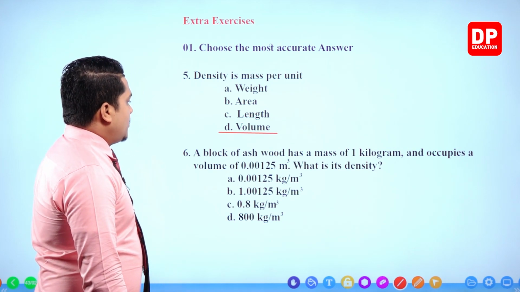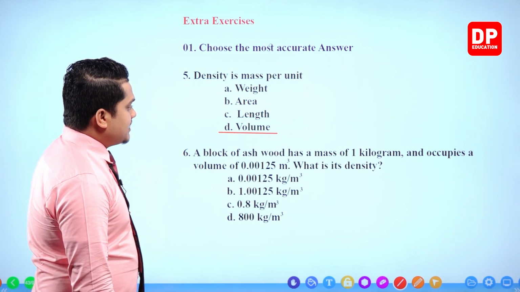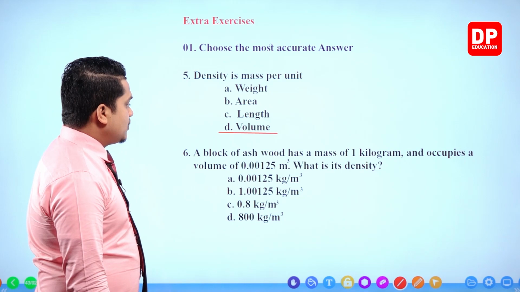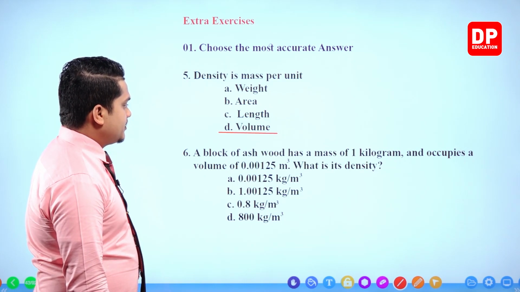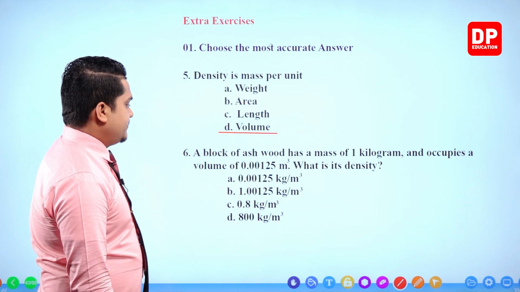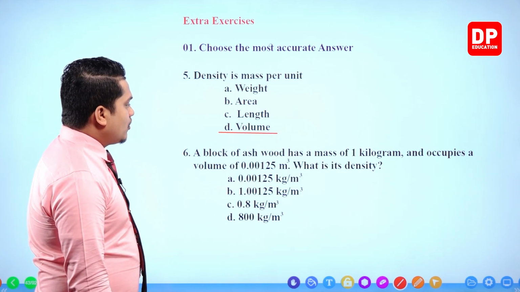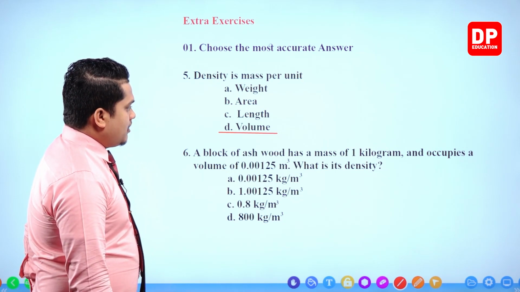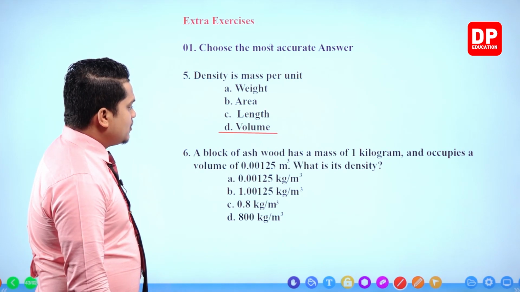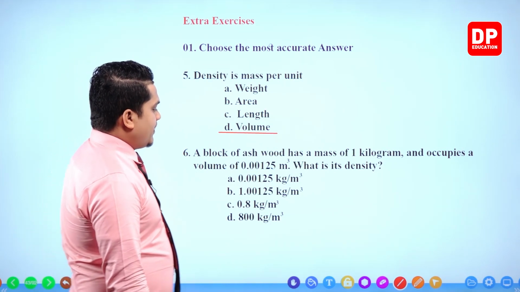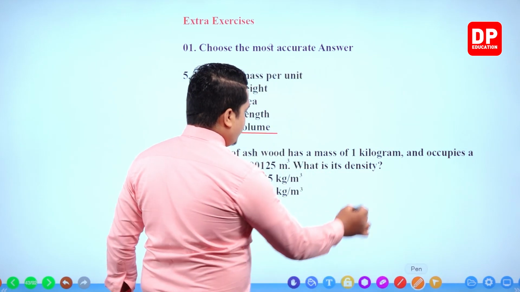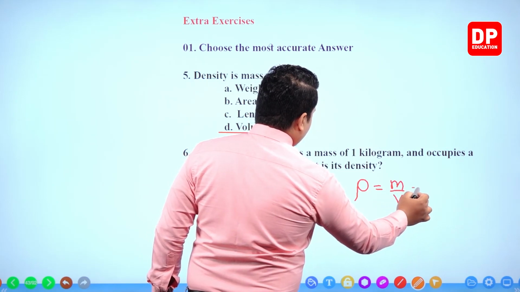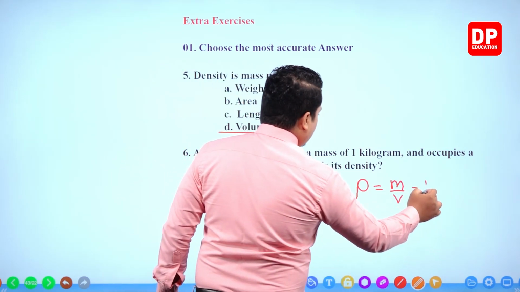Next one. A block of ash wood has a mass of 1 kilogram and occupies a volume of 0.00125 cubic meters. What is its density? So, the block of ash wood has a mass of 1 kilogram and occupies a volume of 0.00125. You need to find the density. Let's apply the formula. Density equals mass over volume. Mass is equal to 1 kg.